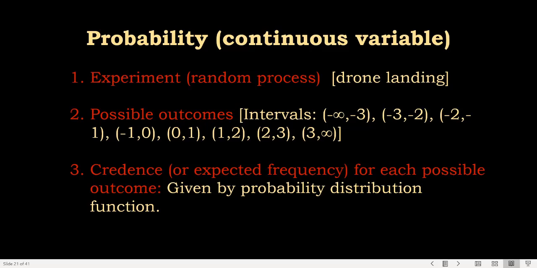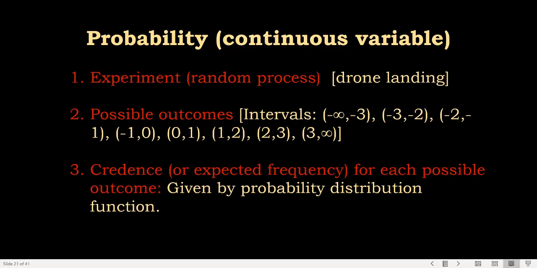One interval has a lower bound of -infinity and an upper bound of -3. Now this is arbitrary. We can choose any other interval, but we are going to go from -infinity to -3 and, on the other extreme, from 3 to infinity.